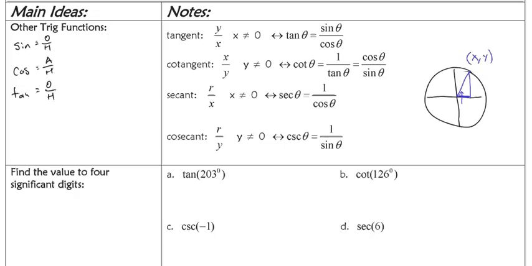And with sine being the opposite over hypotenuse, once we find that ratio, it's dealing with the opposite. That's our y value. And then the adjacent is our x value. Adjacent divided by hypotenuse gives us our cosine ratio, which is essentially our x value, because it's how far along the x-axis did we go.